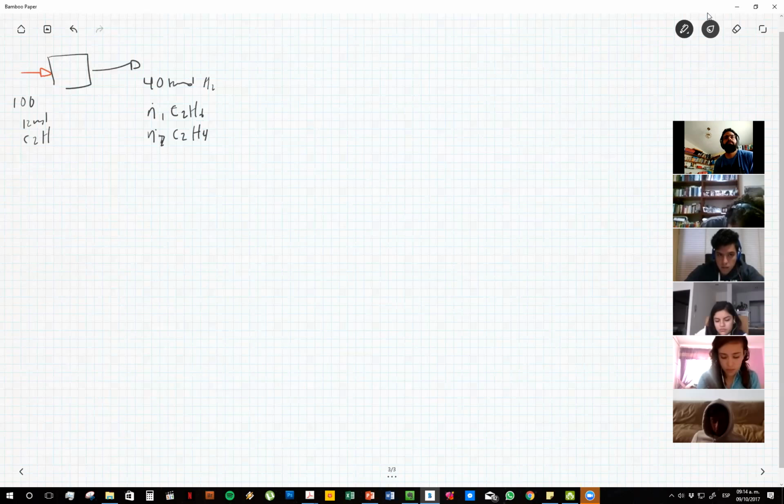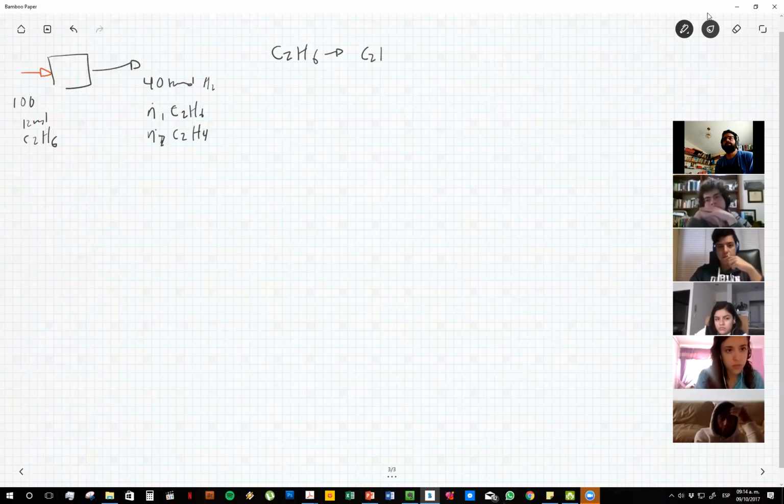Okay, so if you remember the definition of the extent of the reaction, we only have one extent for a particular reaction. So what we need to do is write the equations for each of the species.